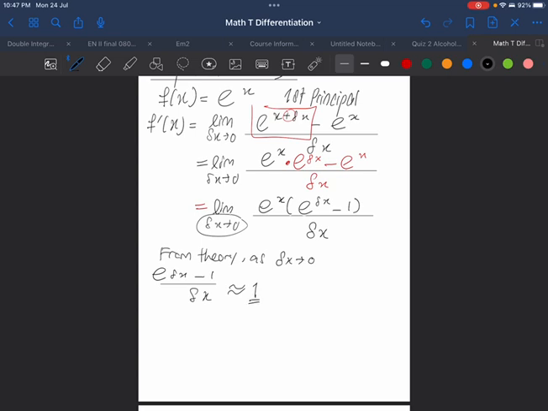You can check with a calculator: when you put in a very small value for Δx, like (e to the power 0.0001 minus 1) over 0.0001, it is equivalent to 1. So we get the limit as Δx approaches 0 of e^x, and here we get e^x.